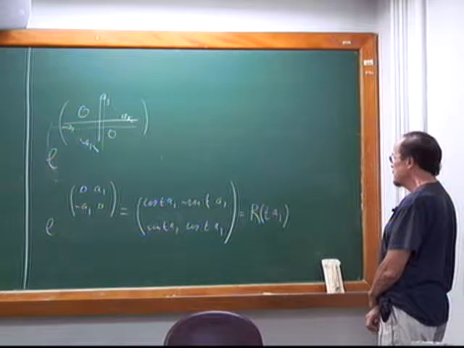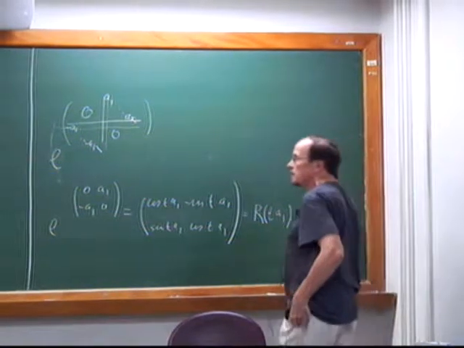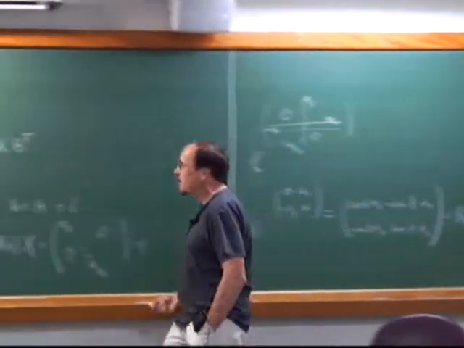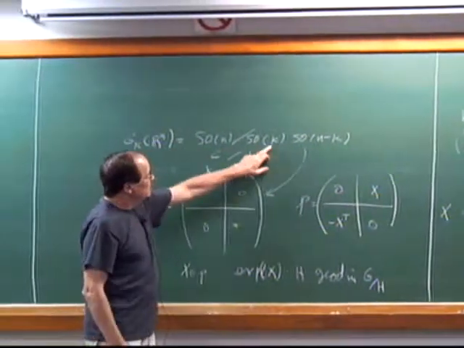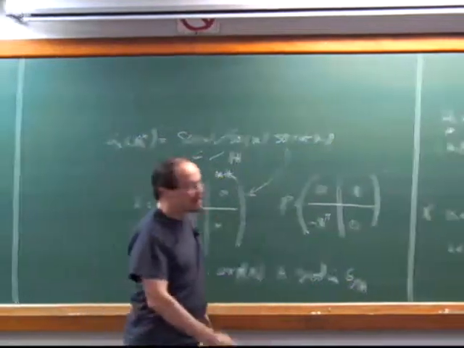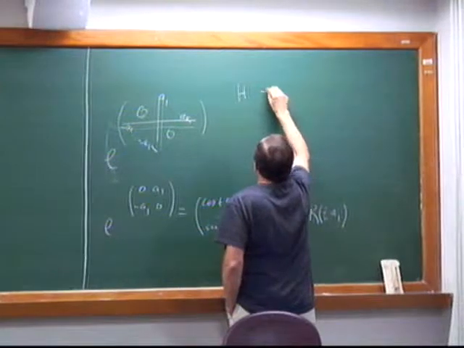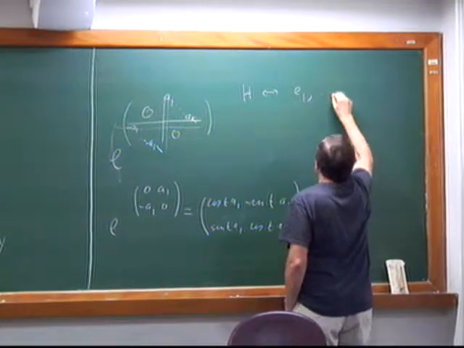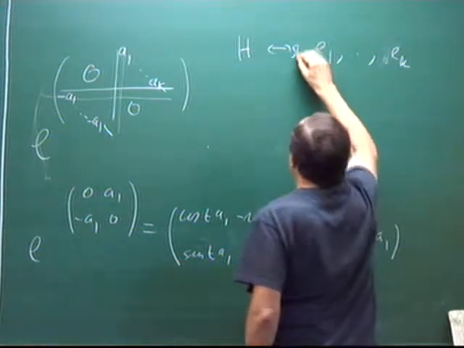Well, as a foot point, I take a plane, right here. This is with respect to some plane that's fixed by H. And what plane is that? The first k vectors, right? So my H here corresponds to e1 up to ek, the span of that.